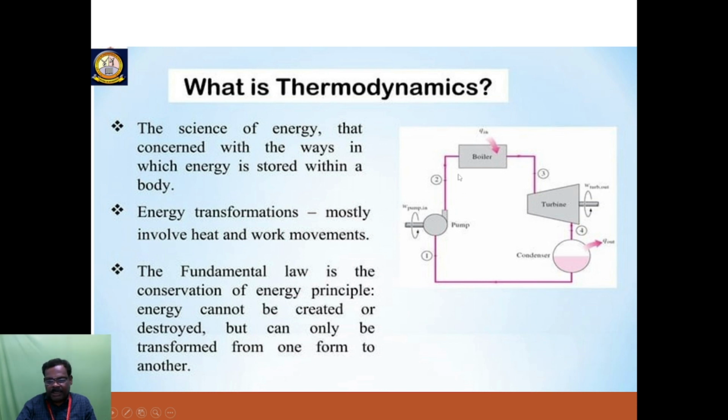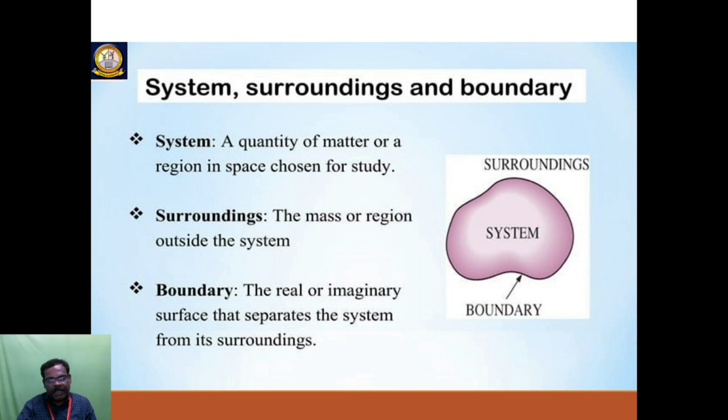The heat energy is received by the boiler and supplied to the turbine. You get the work energy using the device called the turbine. So here the heat energy is converted into work energy. This is one best example for thermodynamics.